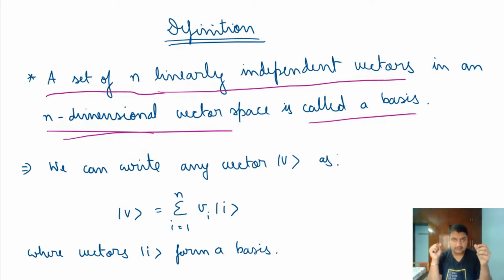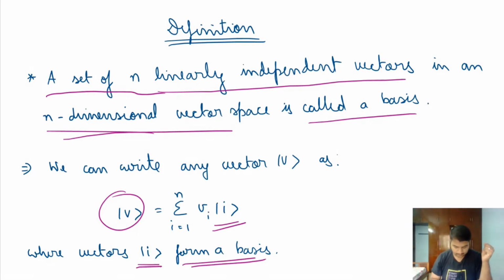So that means once we choose a basis, which is basically a set of n linearly independent vectors, we can write any vector v as a linear combination of the vectors contained in the set which we call the basis. Okay, so here all the vectors e_i from i equal to 1 to n will form a basis.